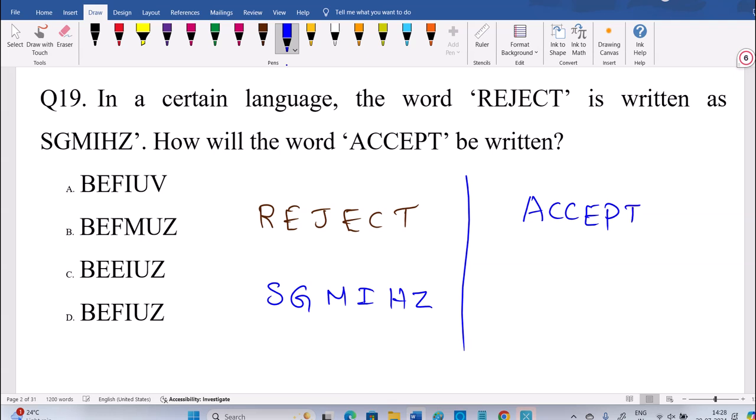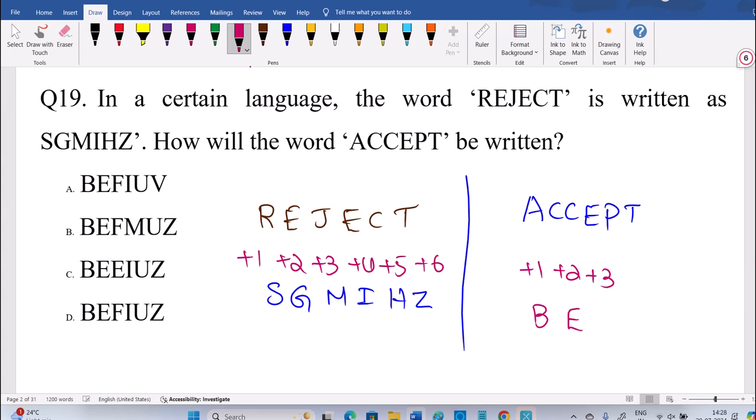Good question. The logic is +1, +2, +3, +4, +5, +6. We do +1, +2, +3. A plus 1 is B, C plus 2 is E, C plus 3 is F. B, E, F starting. There are three options. Then +4, +5, +6.